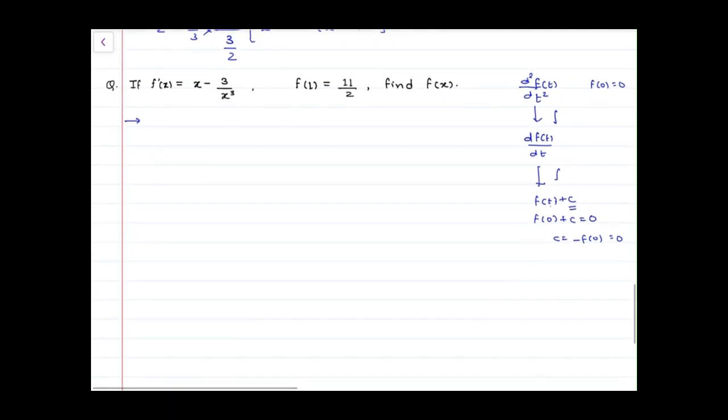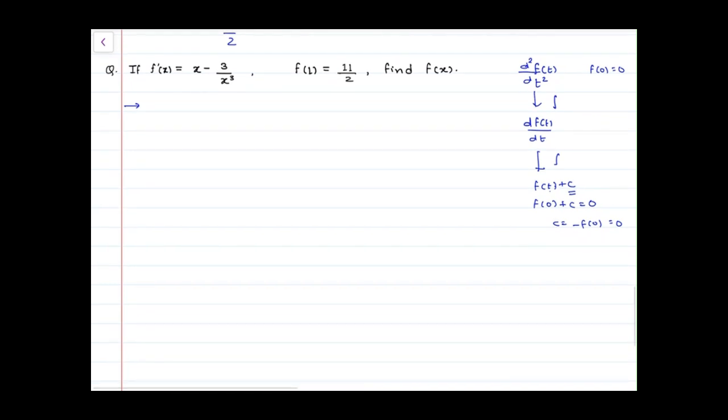So let's start. So here in this question you have f dash of x, meaning the first differentiation, which is given as x minus 3 upon x cube, right? So for making it f of x, what do we need to do? Simple, I have already told you, right?